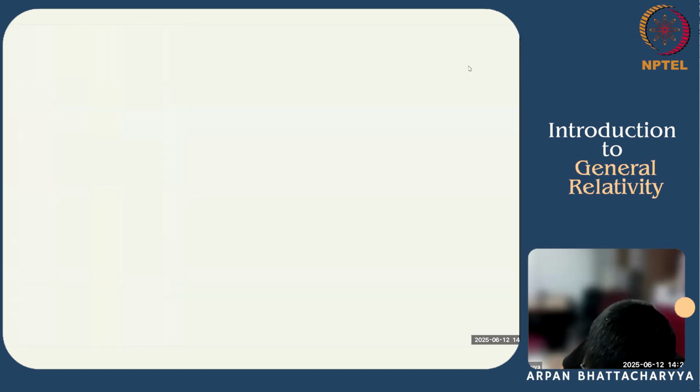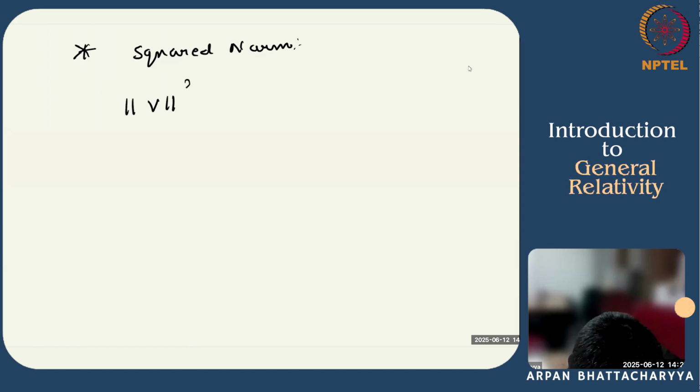Now, this gives us a way to define the so-called norm of a vector, or rather the squared norm. So how do we define it? The squared norm of a vector is nothing but v dotted with itself. Remember, these are four-vectors.